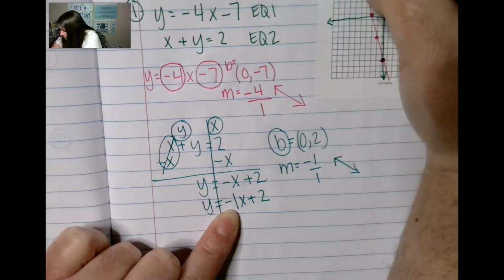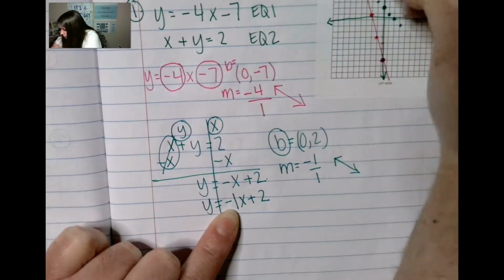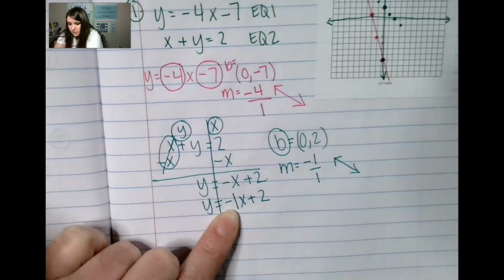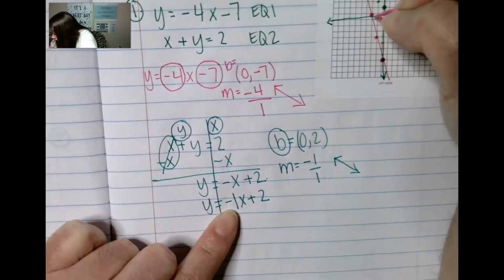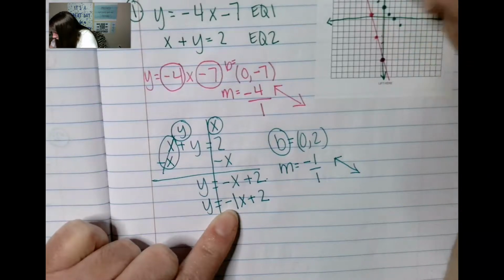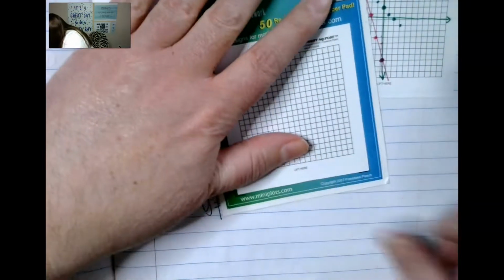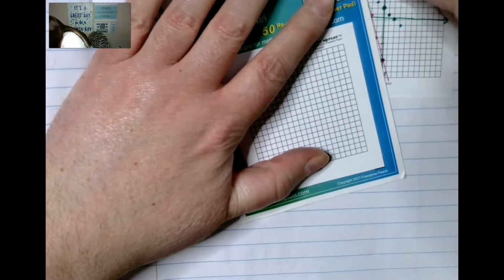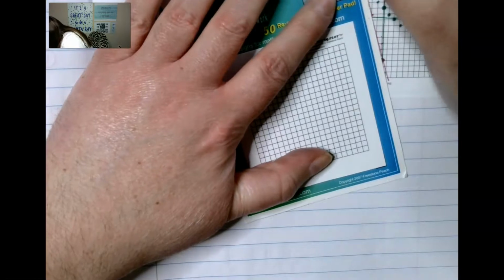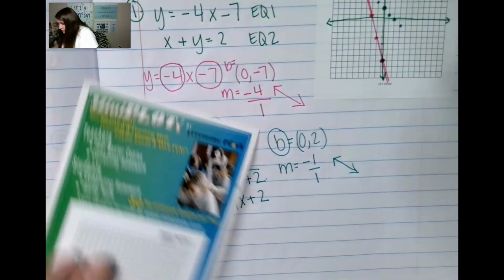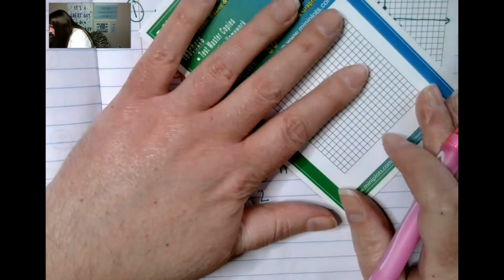So this one, I almost need to make this dot go up a little bit more. So this one was negative 4, so up. Right there. Oh, that's where the cross is right there. Look at it go. And then this one goes right there.